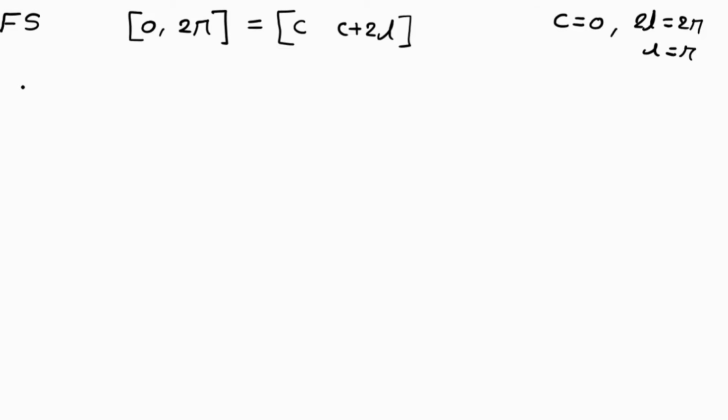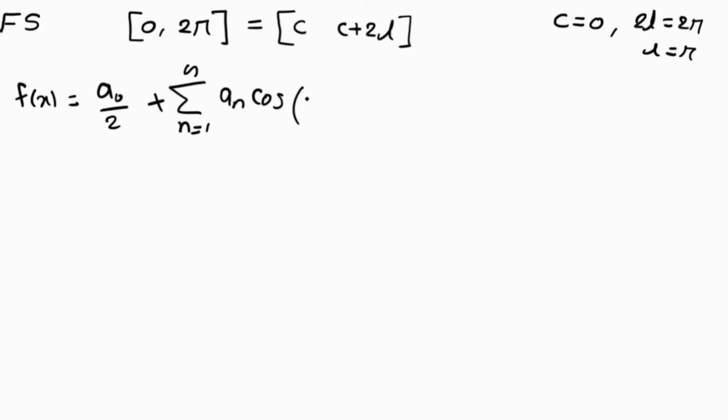Therefore, f of x is a0 by 2 plus summation n varies from 1 to infinity an cos n pi x by L. By L means here L is our pi and this pi gets cancelled. So the formula will become an cos nx plus bn sine n pi x by L. L is our pi, so again here pi gets cancelled.